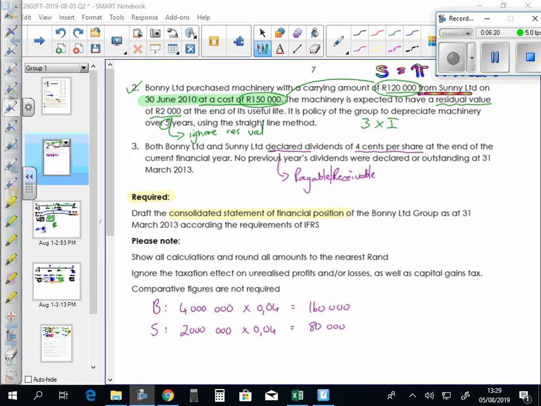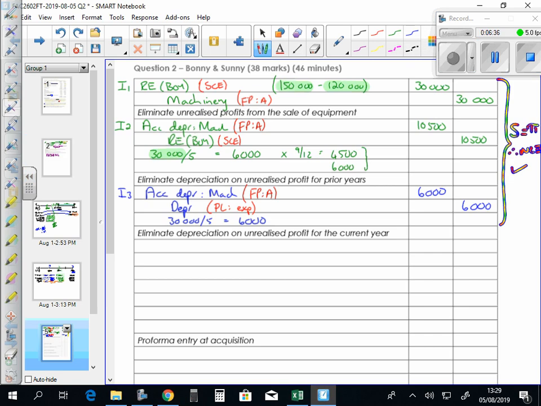But those are the separate companies. Remember, Bonnie has bought Sunny's shares, so some of those dividends are intercompany. But it's not an intercompany transaction, it's a P entry, do you agree? So that means we've done all 3 intercompany transactions. Not too bad, eh? All right, so that was your homework. Let's move on to the P entries.